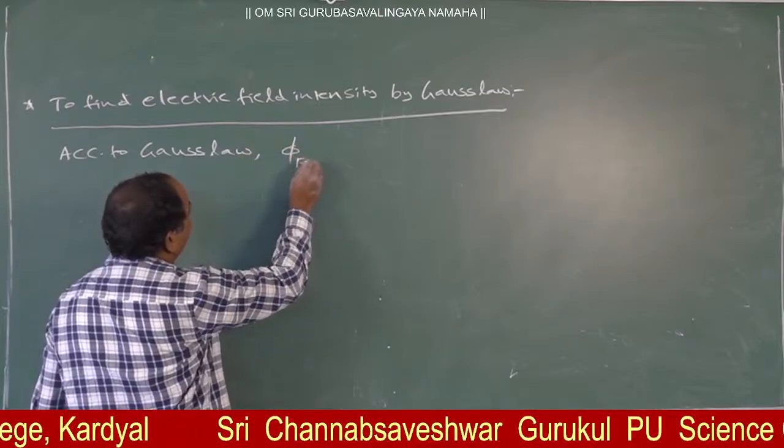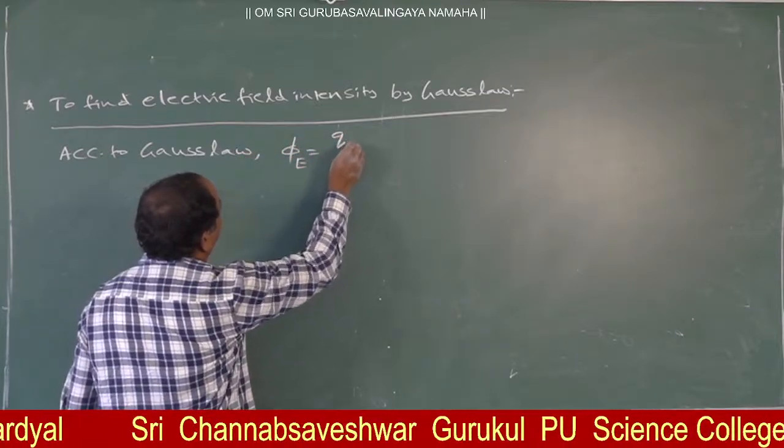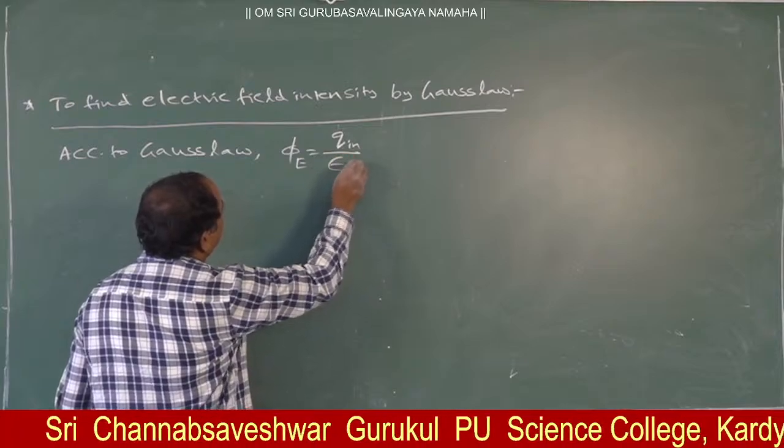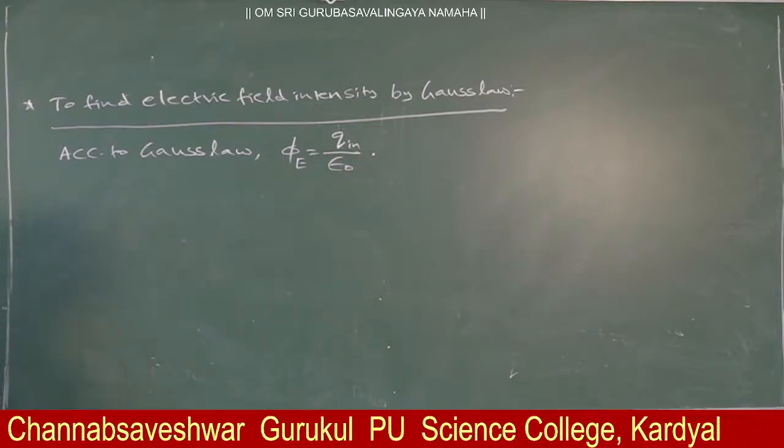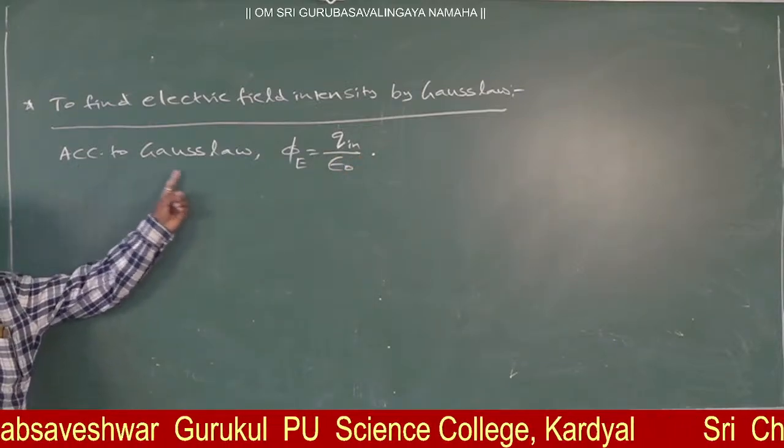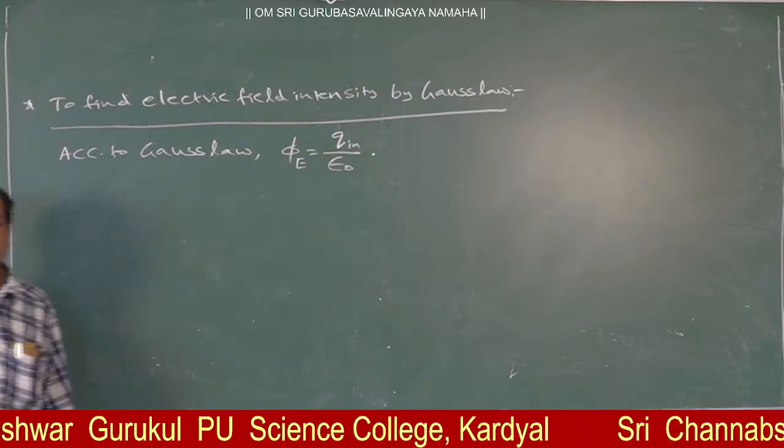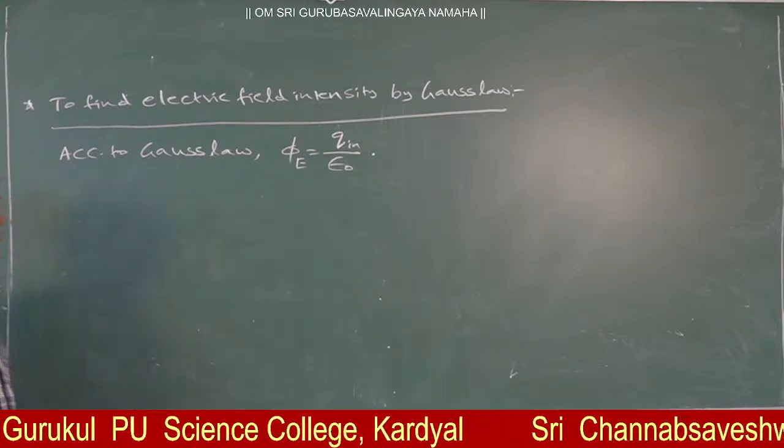Phi is equal to what? Q inside divided by epsilon. Already we know, according to Gauss law, phi is equal to Q in by epsilon.